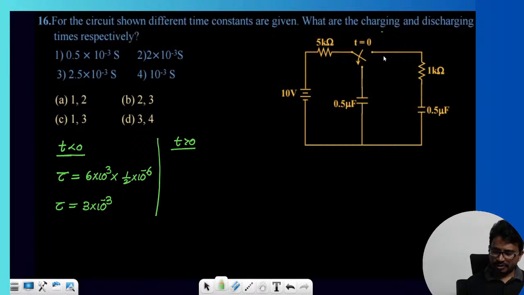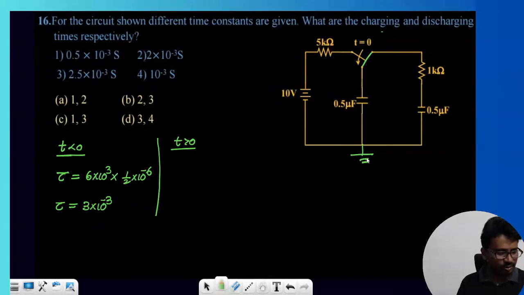Connect the two capacitors. Yeah, lower end is connected to ground only.